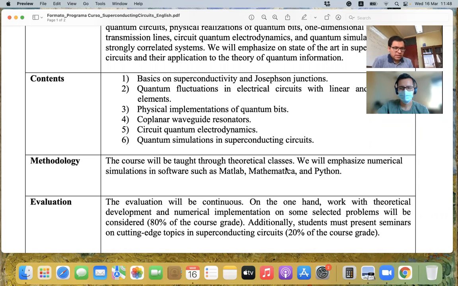For instance, later, when people speak about what a fluxonium is, you will know how to code the Hamiltonian for a fluxonium, diagonalize it and see the spectrum of the fluxonium, for instance, or the transmon.